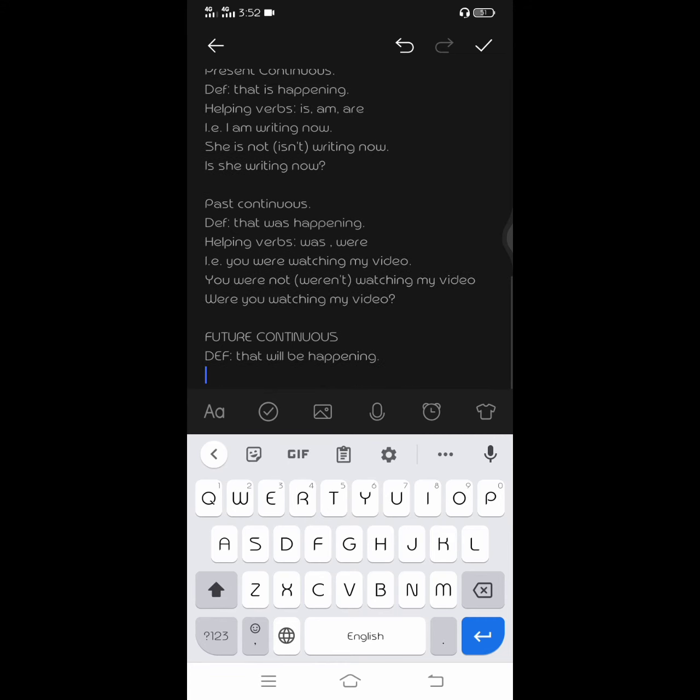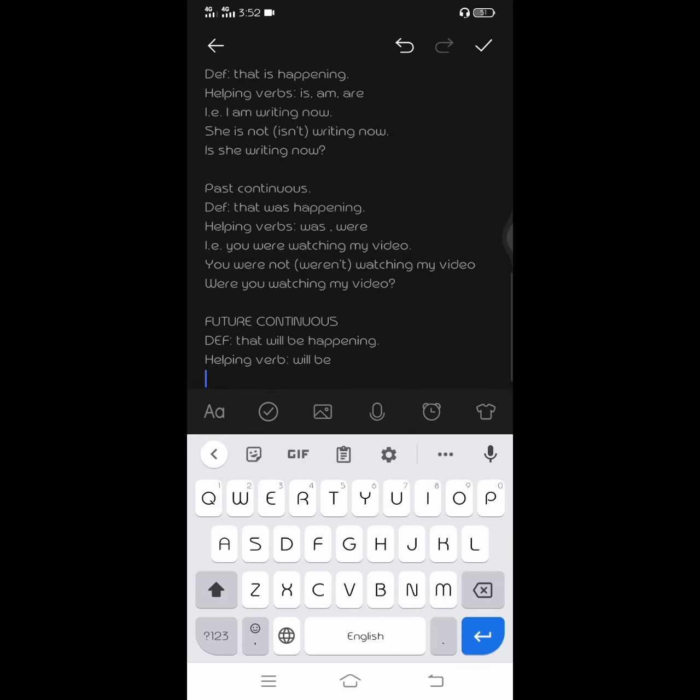So in Urdu it's going to be जो काम हो रहा था. अब जो भी हो रहा था is a future continuous tense. I'm really sorry. It's going to be जो काम हो रहा होगा. अब जो भी हो रहा होगा is a future continuous tense. The helping verb, it's not verbs, it's just a verb. So it is will be.